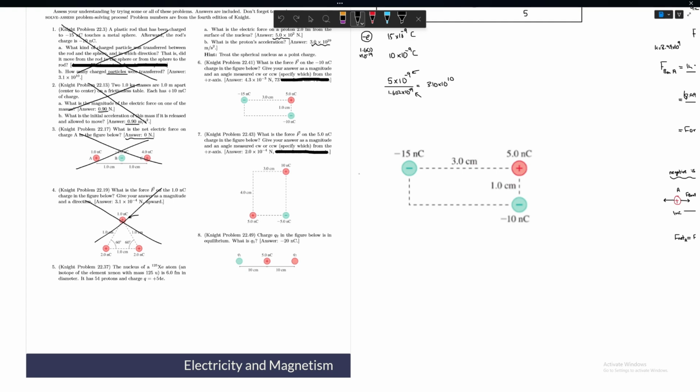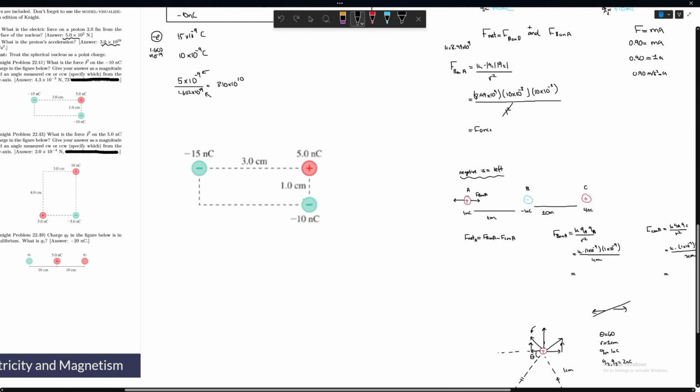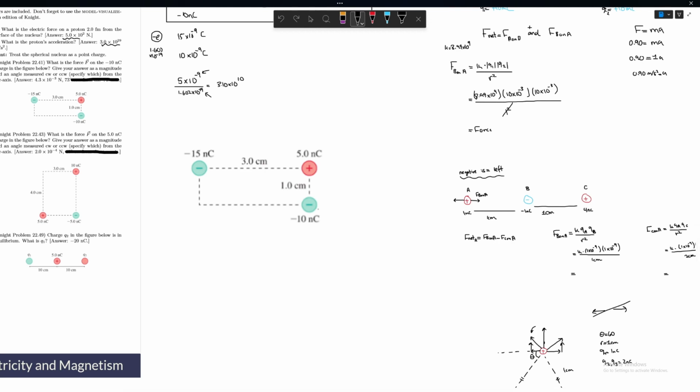Since we're charging here, we know this force is going to exert on this like that. We don't care about the force here, so I'm not going to put it. This force right here is attractive, so it will go towards it. Now we've got two forces. We'll name the charges Q1, Q2, Q3.